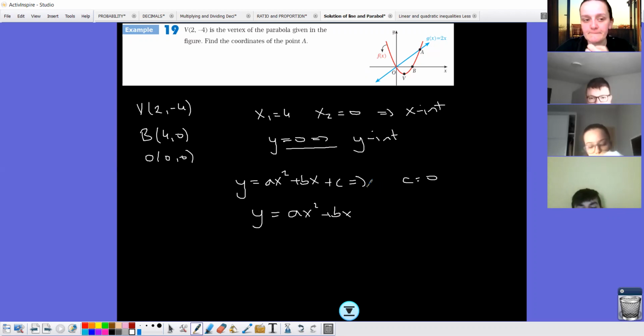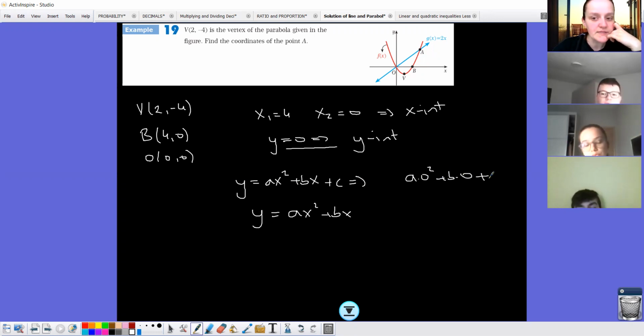Is this part okay? Teacher, why is there no c? Look, how were we finding the y-intercept? We were writing 0 instead of x. So if this is the standard form of a parabola, ax squared plus bx plus c, instead of x I write 0, so it will be a times 0 squared plus b times 0 plus c.